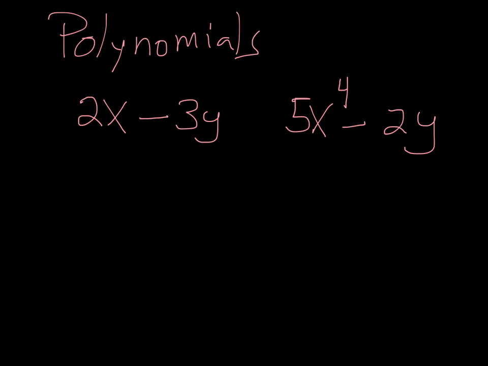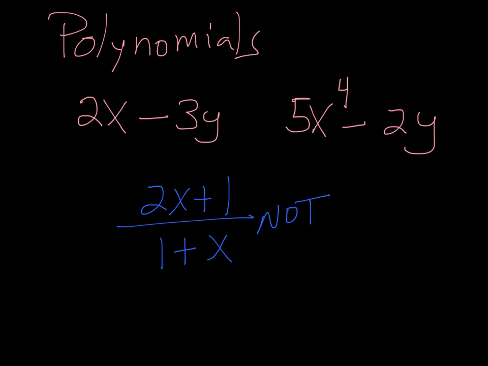5x to the 4th power minus 2y. So those are polynomials. But when you have fractions with variables in the denominator, you know it's not a polynomial. So if I have 2x plus 1 divided by 1 plus x, that is not a polynomial, because you're not allowed to have variables in the denominator of polynomials.